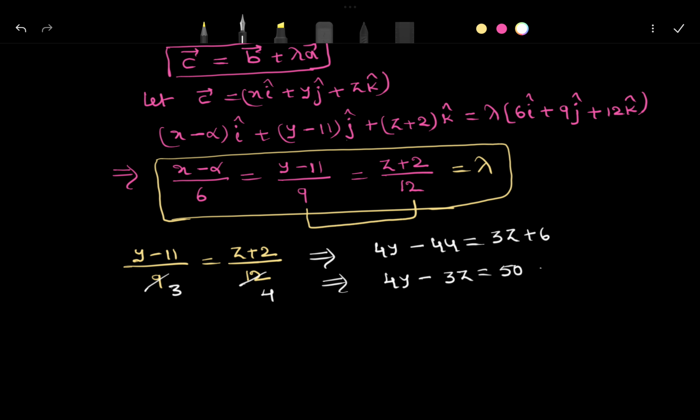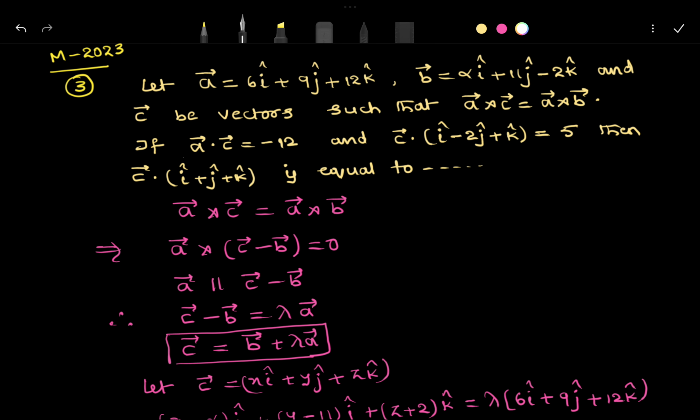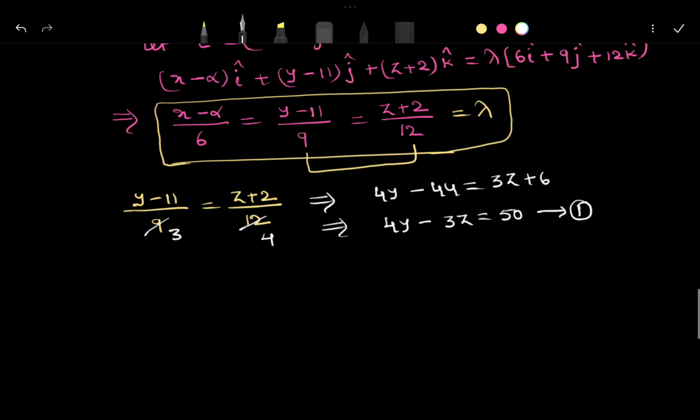Let this be equation 1. Next, one more thing is given in the question: A dot C is equal to minus 12. C bar is x i plus y j plus z k, and A bar is 6 i plus 9 j plus 12 k.